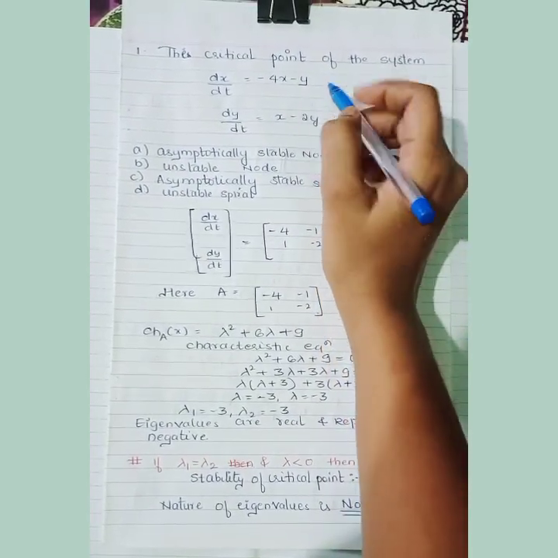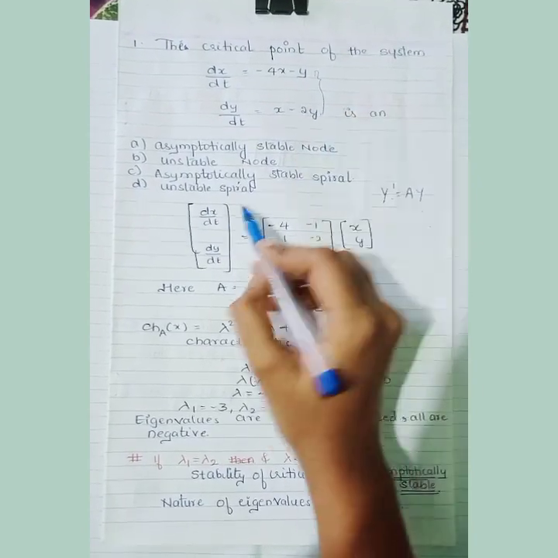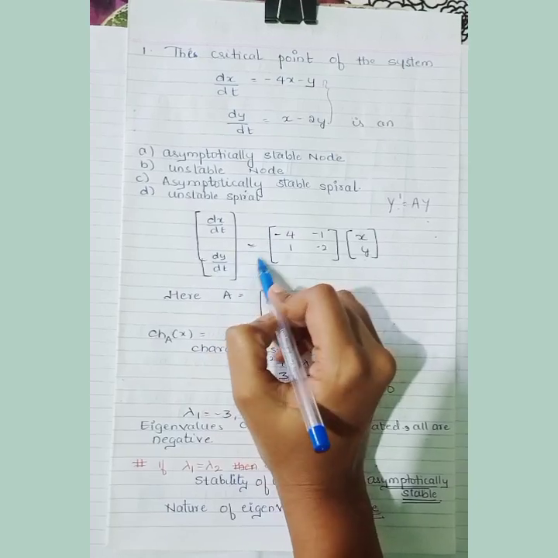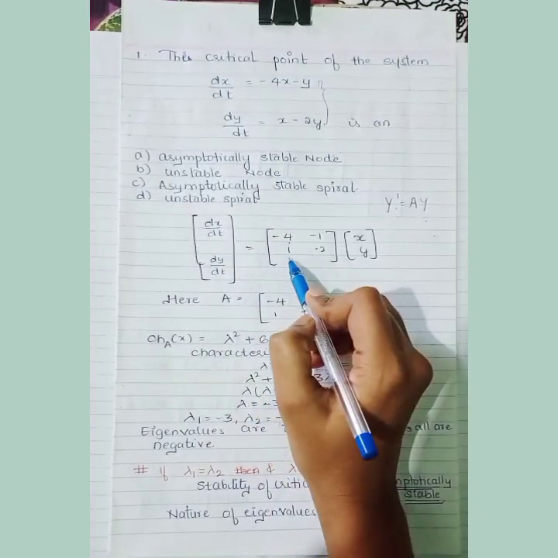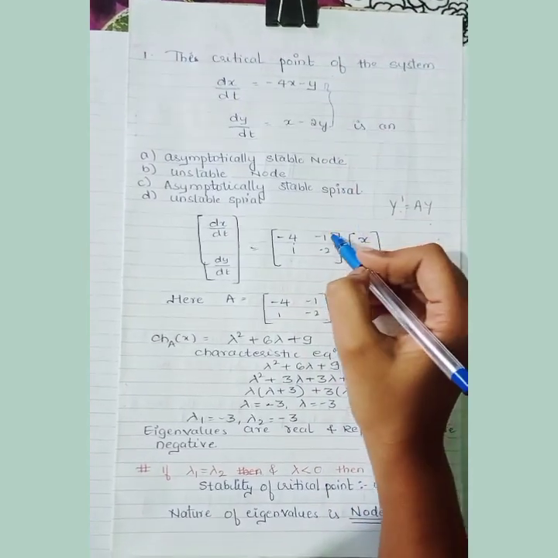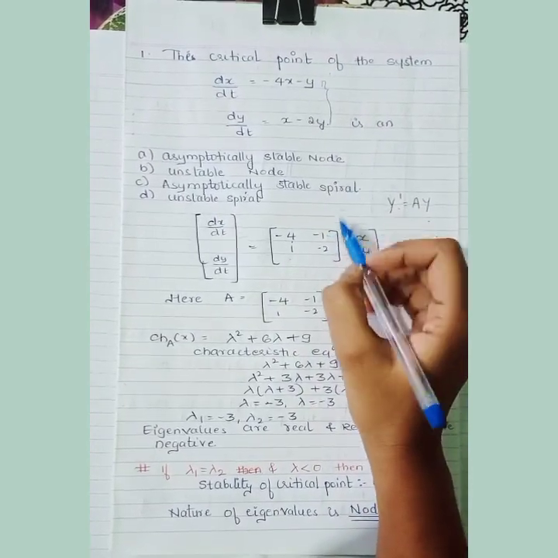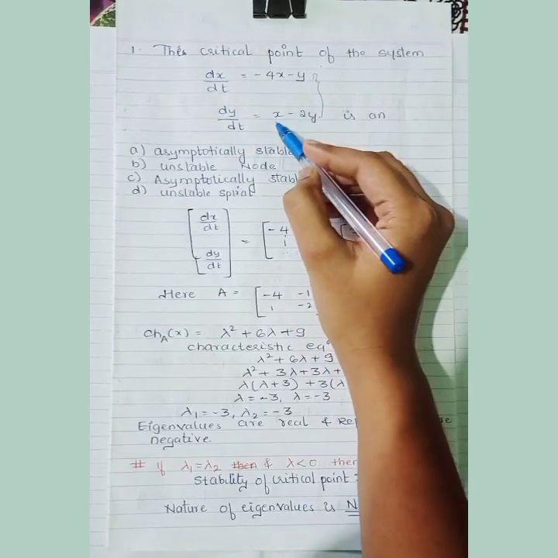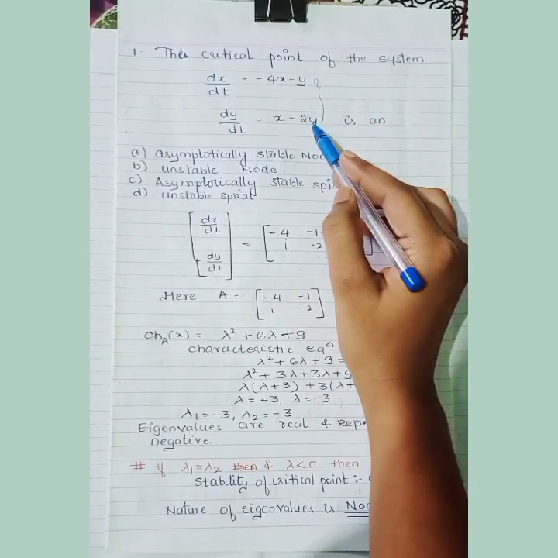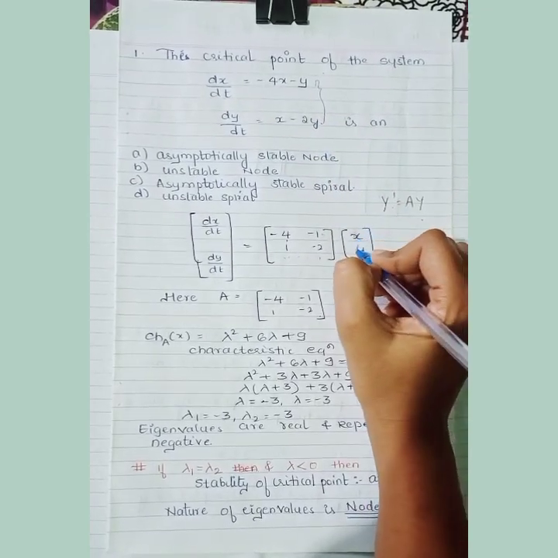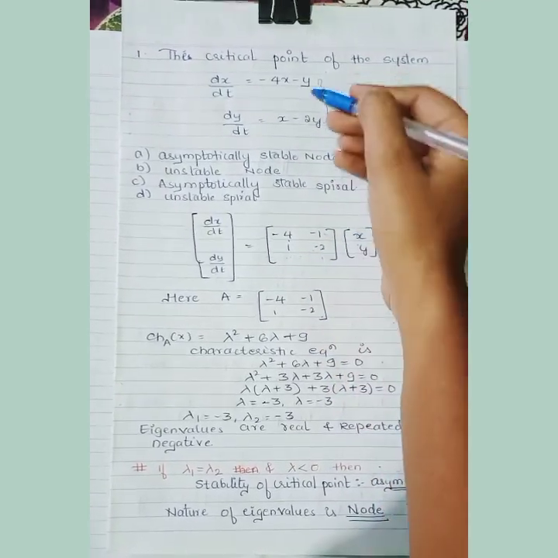So write these two equations in matrix form: dx/dt, dy/dt equal to the matrix with -4, -1 and 1, -2. Minus 4 is the coefficient of x for the first equation, and minus 1 is the coefficient of y. 1 is the coefficient of x, and minus 2 is the coefficient of y, multiplied by x and y. If you multiply both the matrices, you will get the same thing.